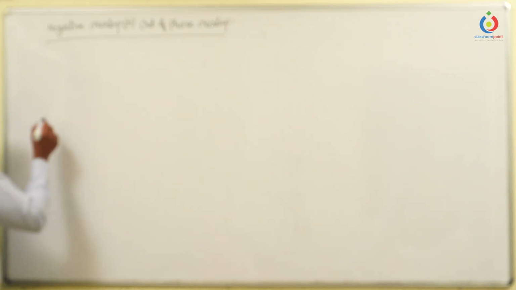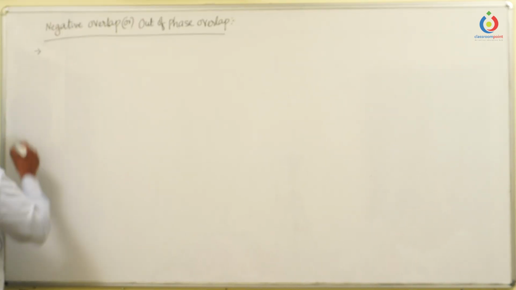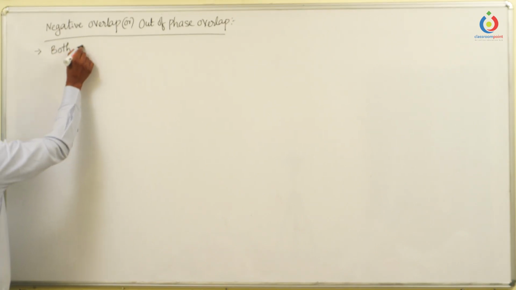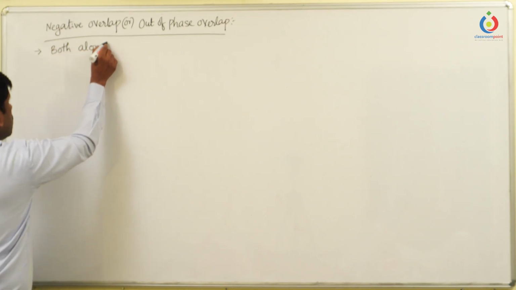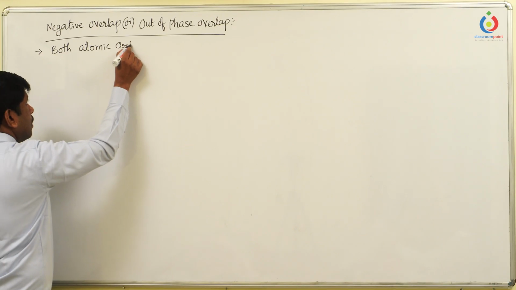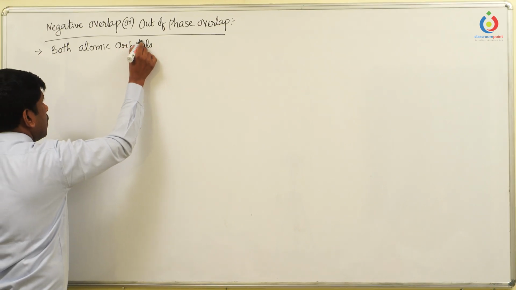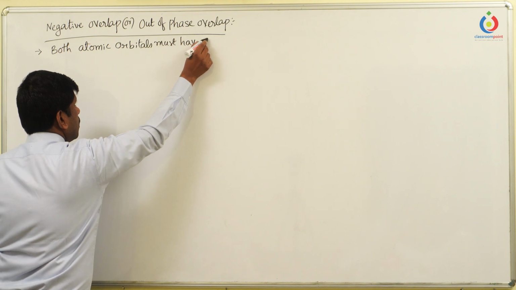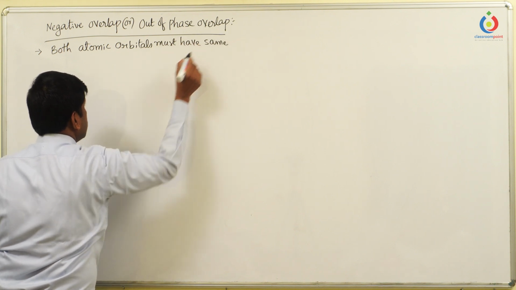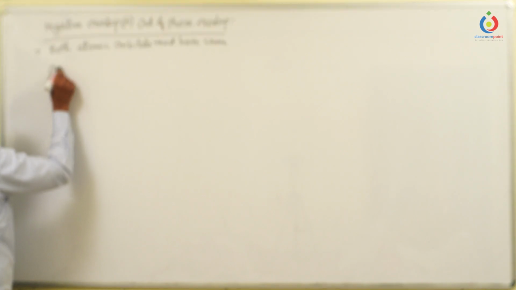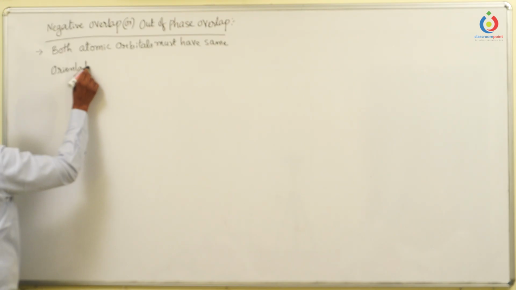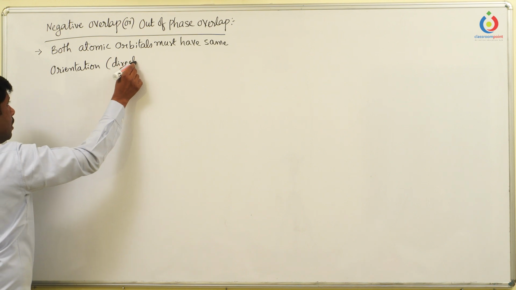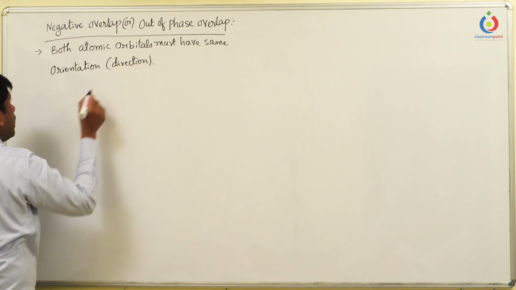So what are the conditions to observe that negative overlap? Both atomic orbitals must have the same orientation. Orientation in the sense of direction: they must be located along the same direction.